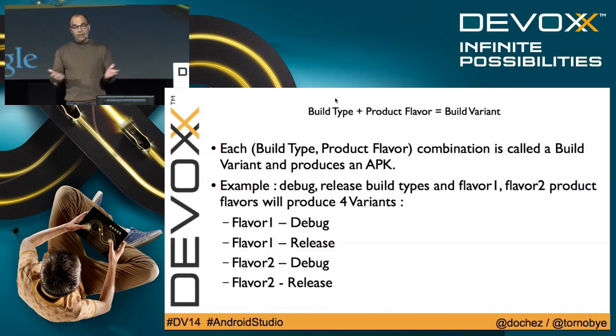And you're going to get 4 APKs, which you can deploy to a device. So it's very important to understand this combinatorial factor. If you've got multiple dimensions, multiple flavors, you're going to start getting more and more variants, more and more resulting APKs. And so it is important to understand.